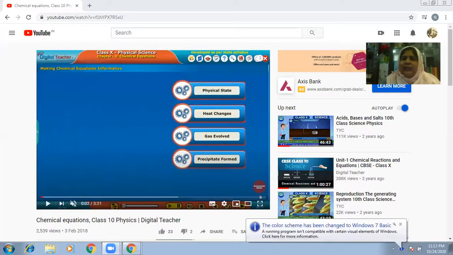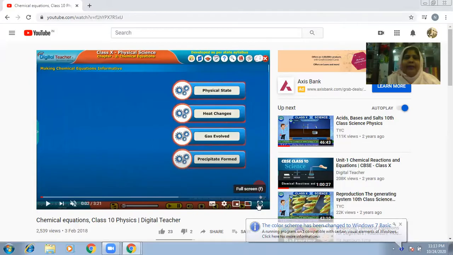A few short terms that are used in chemical equations will be told to you all. So please be thorough with it, so that we can do some exercises forming these chemical equations, I mean the reactions.